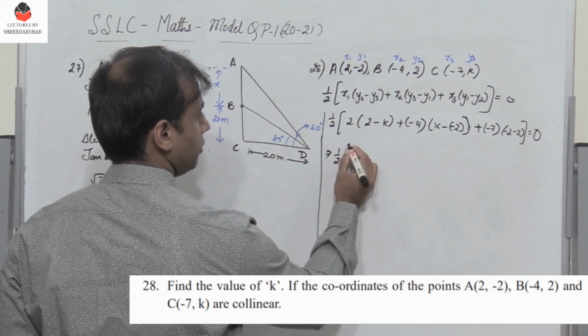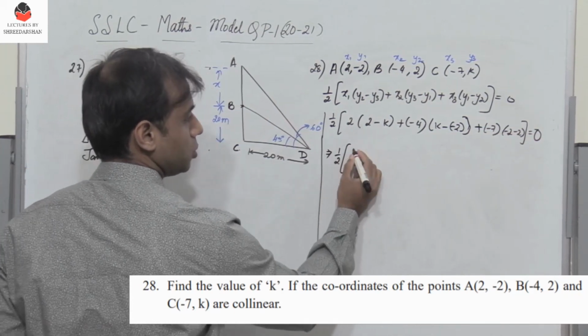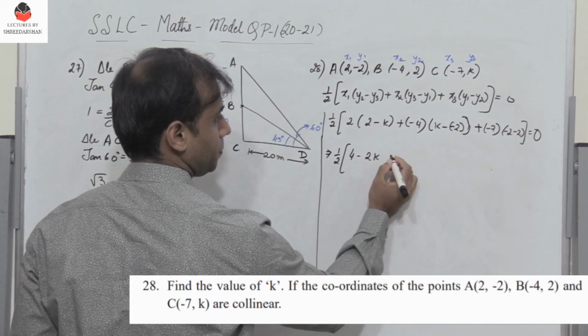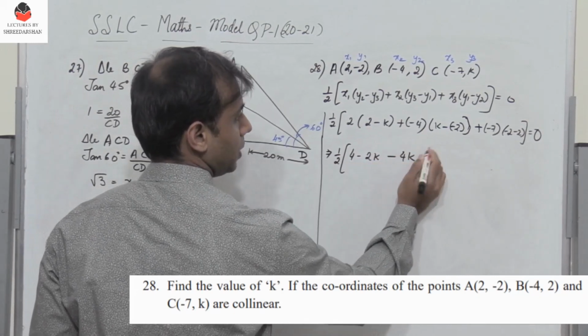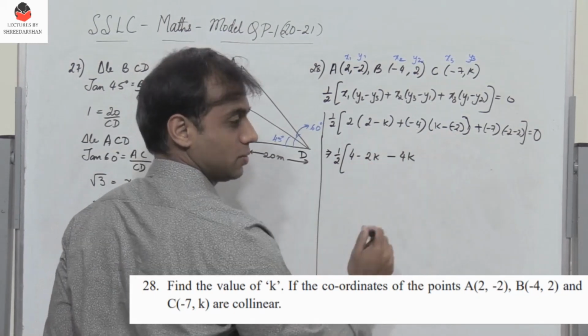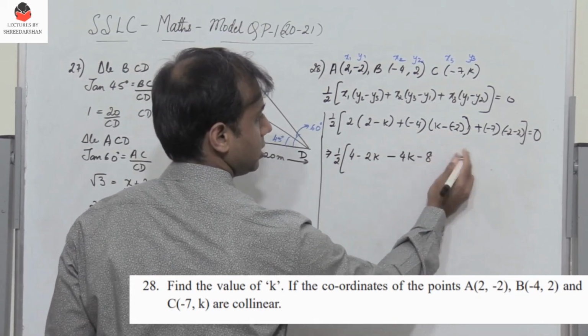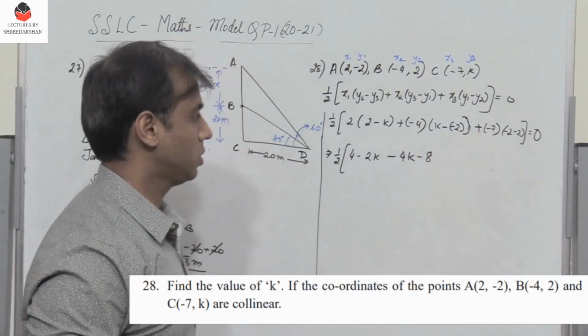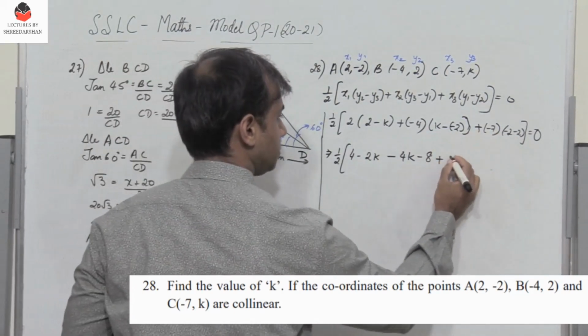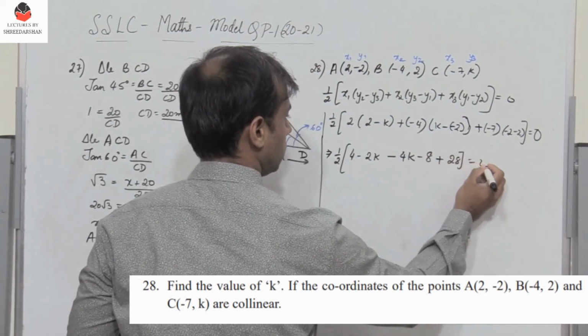So this implies half into, so 2 into 2 is 4 minus 2k, and here I have minus 4k, this is plus 2 into minus 4, which is minus 8. Here this is minus 4 minus 7, so that's going to be plus 28, and it should be equal to 0.